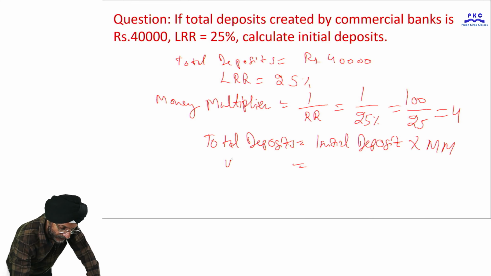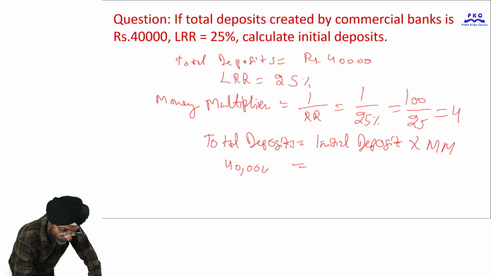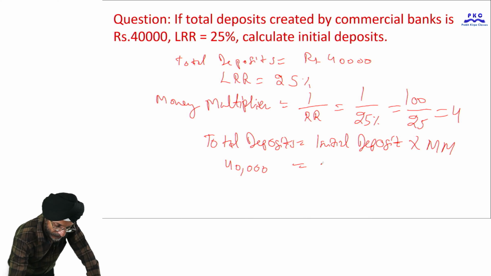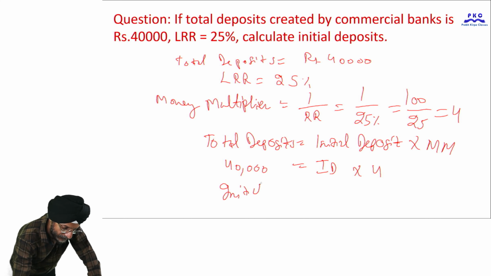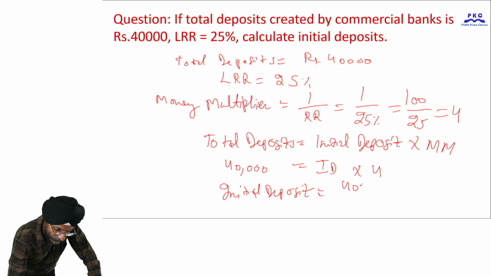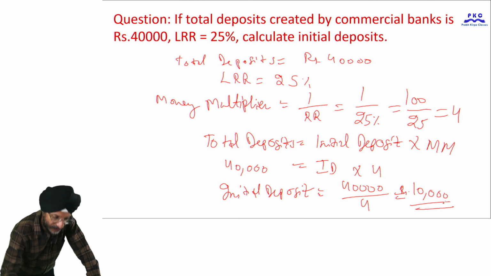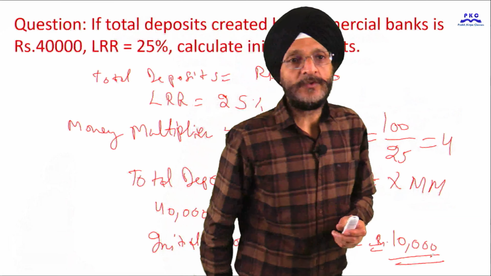Total deposits are 40,000 rupees. Money multiplier is 4. So initial deposit is 40,000 divided by 4, and it comes to 10,000 rupees. Initial deposit is 10,000 rupees.